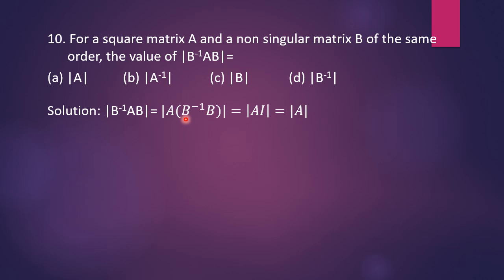So B inverse into B, we know that a matrix and its inverse, if you multiply, you will get the identity matrix. So B inverse into B is I, so A into I. Any matrix multiplied by an identity matrix is equal to the matrix itself. So again A. So determinant of AI is equal to determinant A here. So there is option A. Therefore the answer will be option A.